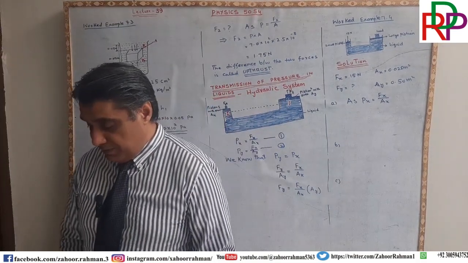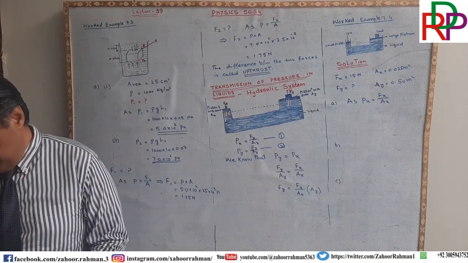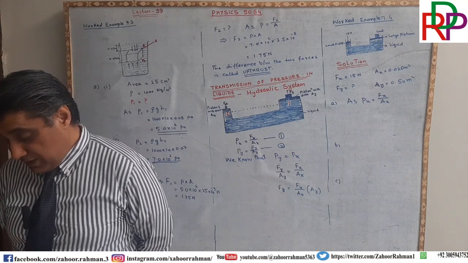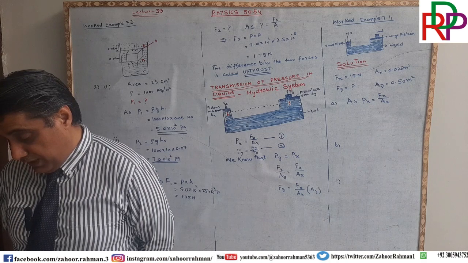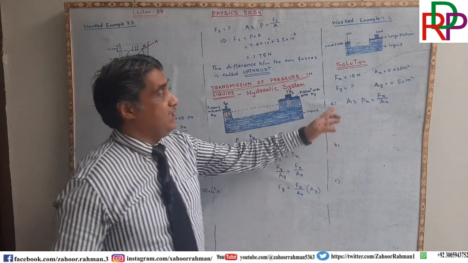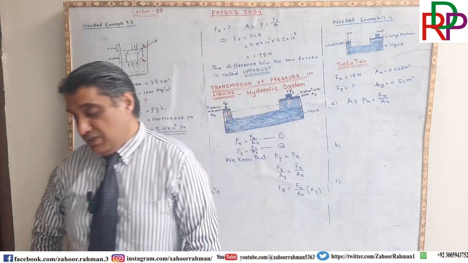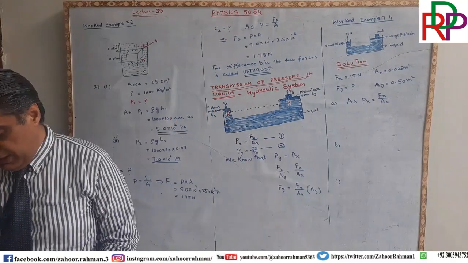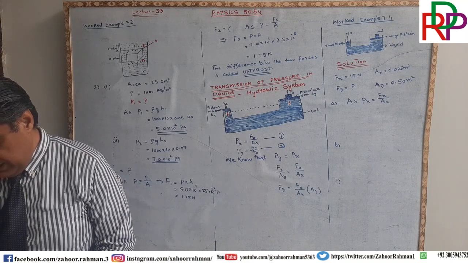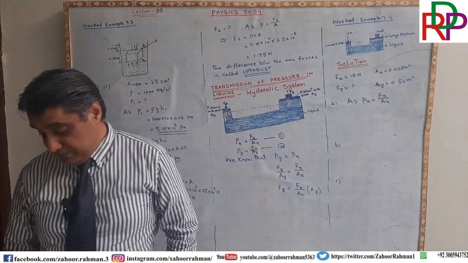Okay, ladies and gentlemen, let us read the question which is on page number 103. The diagram above shows a simplified form of a hydraulic press, which is given there. A force of 15 Newton at point X is exerted on the small piston of area 0.025 meter square.